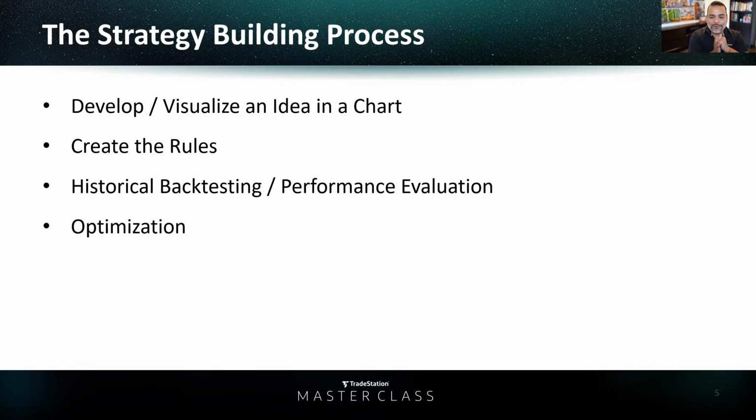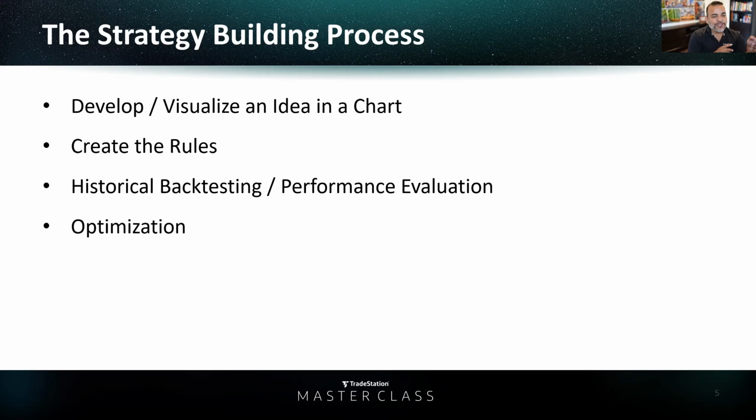Optimization is the process by which we test strategy parameters. And what we call strategy parameters are the things that you could adjust. For example, if your strategy is looking at a 20-bar moving average by default, what if you change that to a 15-bar moving average? What would happen if you change it to a 25-bar moving average?